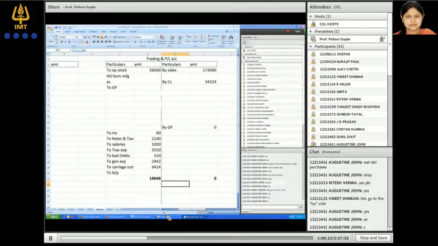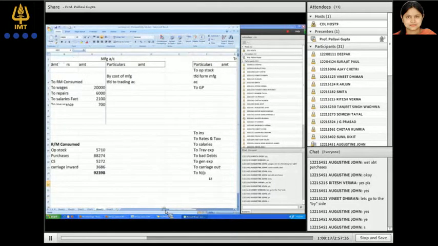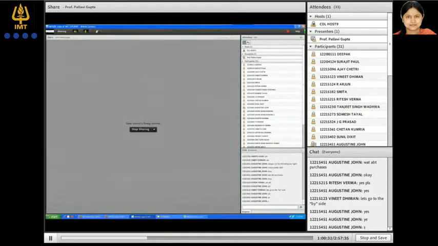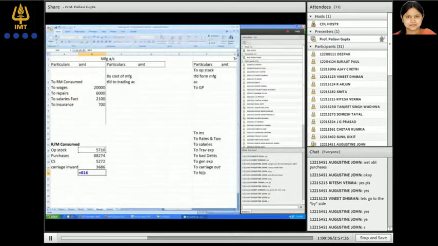Okay, let's start the balancing part then. First of all, I will close my working note here. Raw material consumed, I will calculate here. Opening stock plus purchases minus closing stock plus carriage inward.